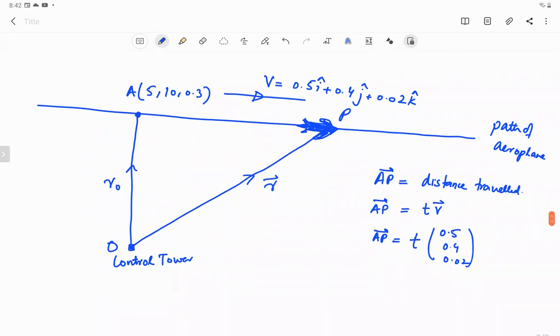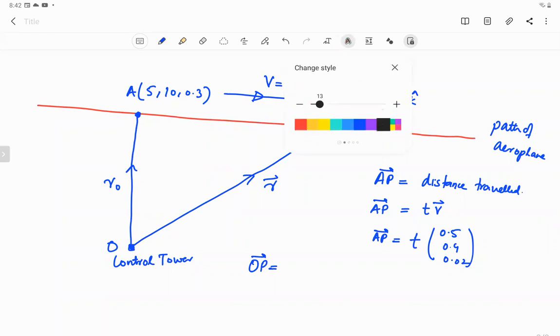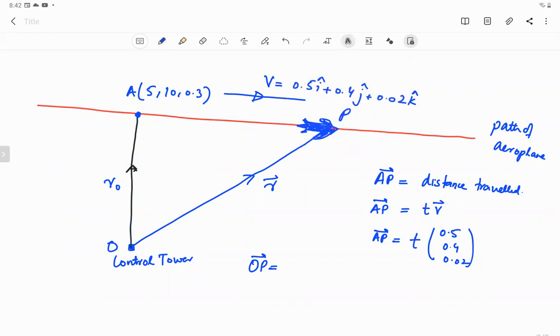Now we know that OP, which is a general position vector of the aeroplane as it moves on the path which we have turned red, okay? And the black vector represents its initial position vector when the control tower first located it and started monitoring its motion, okay?